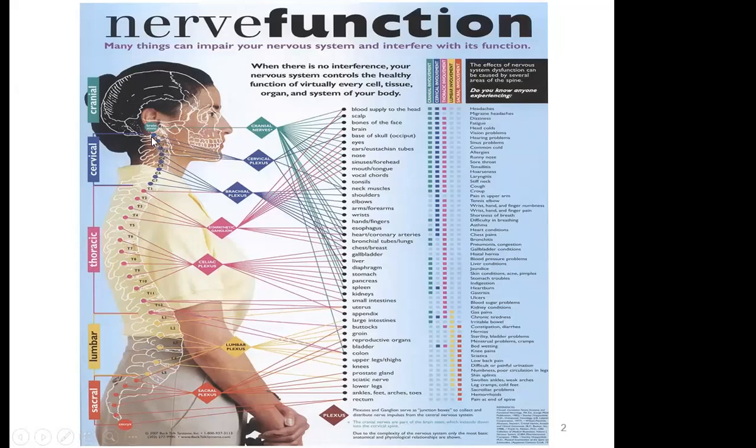So if you look here, you can see that there are different areas of the spine. So you have the cervical, the thoracic, the lumbar, and the sacral spinal sections, and each one of those is going to be related to different parts of the body. So whether I have a kid who constantly has ear infections, runny nose, whether they're constantly congested, or whether you have a kid who's having issues with colic, issues with not eating well, so you can see liver, diaphragm, stomach, pancreas, spleen, kidneys.